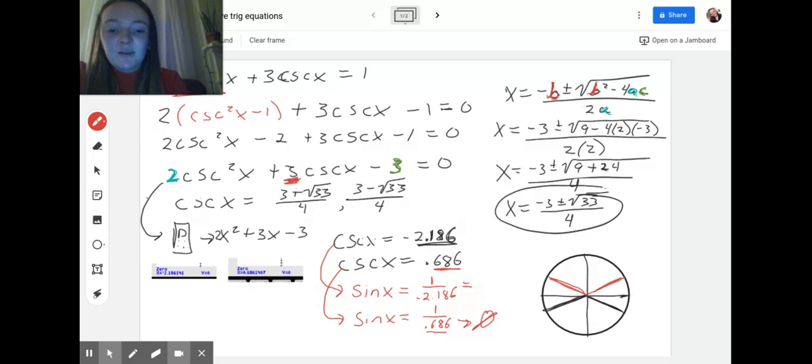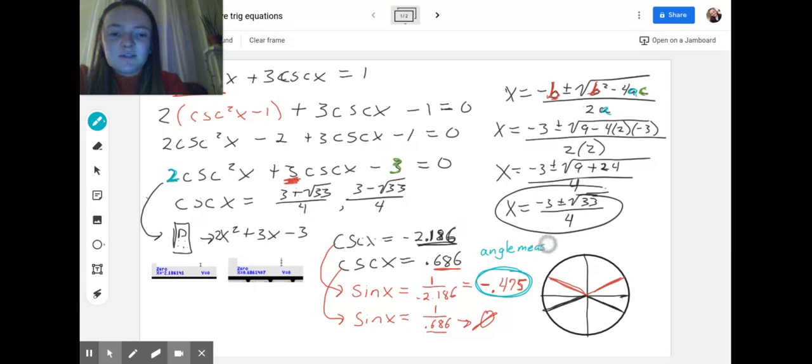If I evaluate the arc sine of 1 over negative 2.186, I'm going to get negative 0.475. So remember that this value right here is an angle measure.